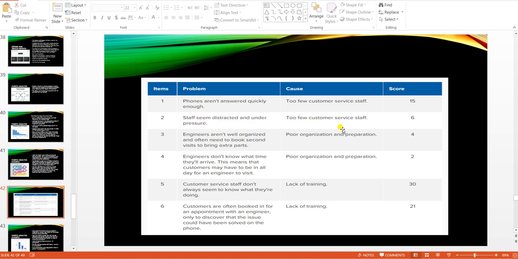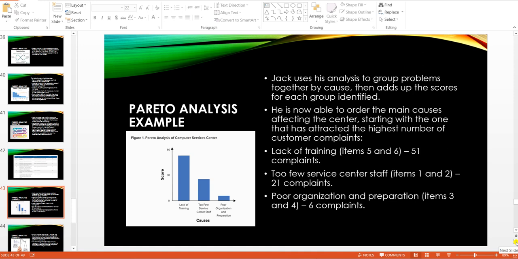Also, we've got too few customer service staff. Engineers aren't well organized and often need to book second visits to bring extra parts. The cause for that is poor organization and preparation. So we have the types of problems, the causes, and the scores that are recorded. Let's continue further on the next slide with regards to the example.